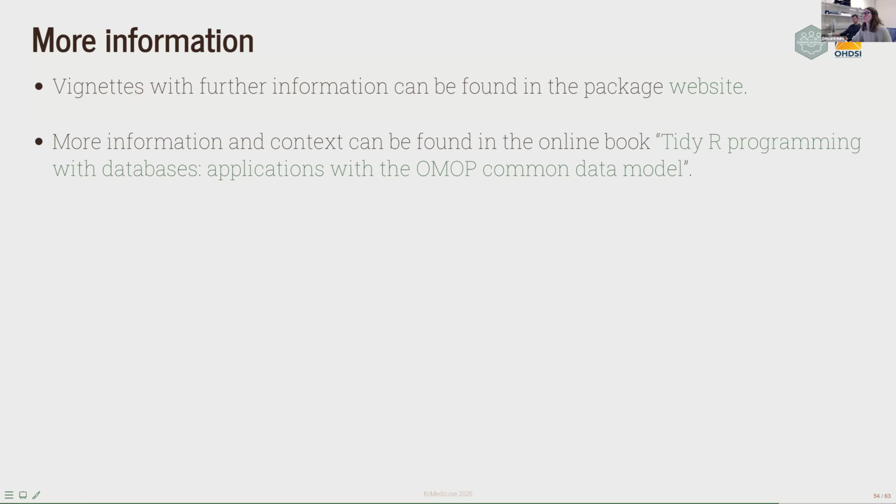And also, we have not only mentioned the CohortConstructor package, but many others like CDM connector or code list generator. And if you are interested in this tidier programming when we use OMOP, Ed has written a book that is free and available online.